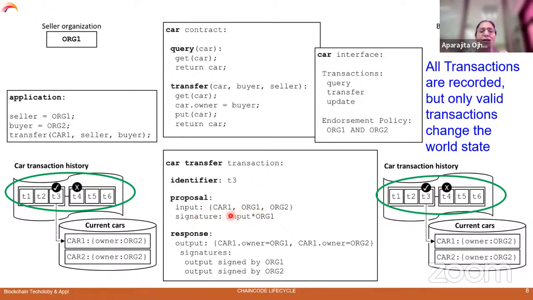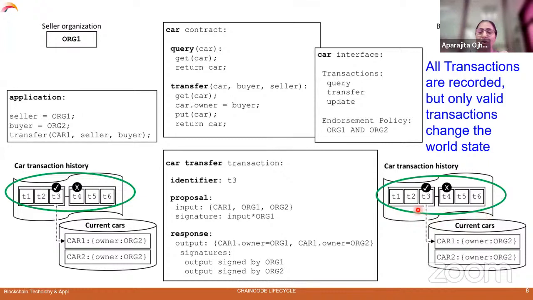The proposal here is input car1, org1, org2, signature of this, and then response. You can see the output is signed by org1 and org2, both the people have signed. So the current car, where the owner is now org2, right?